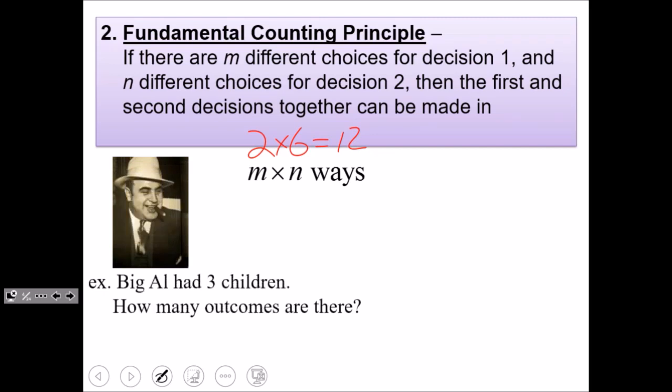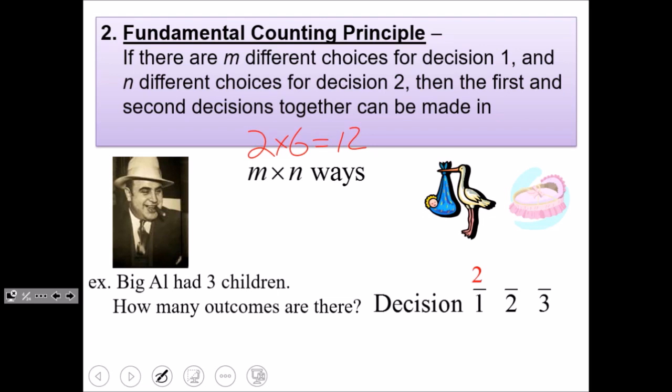For example, let's say Al Capone has 3 kids. How many different outcomes are there with respect to the gender, the sex of the children? Now we're going to use the simplest cases, what's most common. Well, first thing is, I list my decisions. I have 3 decisions. Each child is a different decision. The first child, well, they can be boy or girl, male or female. Second child, so I have to multiply. I have a second decision.